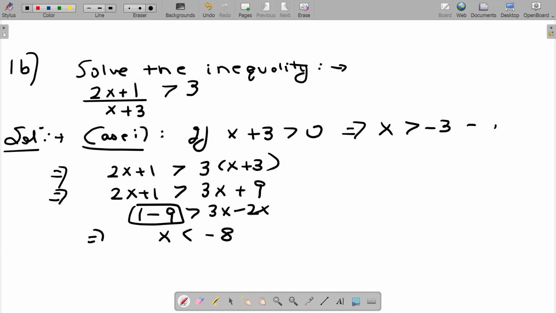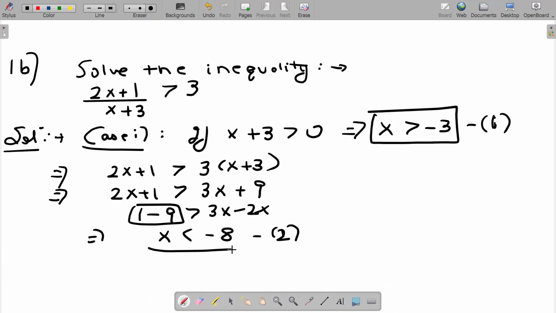So this is 1, this is 2. You can clearly see, are 1 and 2 possible? Is it possible that x is more than minus 3 and at the same time less than minus 8? Not possible. You cannot have a situation where x is more than minus 3 and less than minus 8 at the same time. So I can write case 1 is not possible.